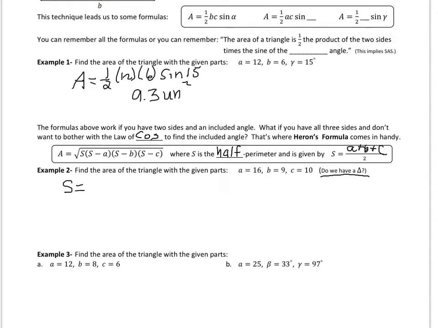So S is equal to 17.5. Thank you. Man, I'm glad you guys are on top of this. Okay, so now our area is equal to the square root of 17.5 times (17.5 minus 16, which is 1.5) times (17.5 minus 9, which is 8.5) times (17.5 minus 10, which is 7.5).